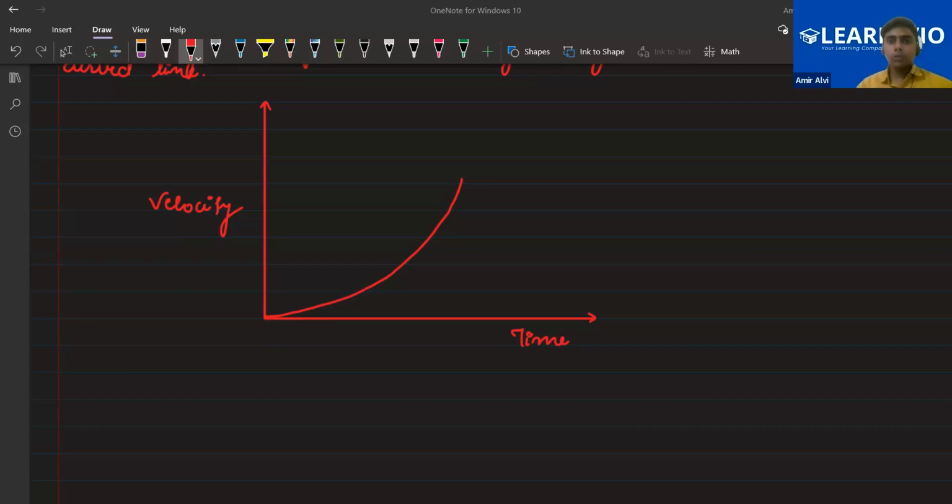Everyone, have you written it down? That's very clear, everyone. Is this clear so far? Any doubt so far in the graph?